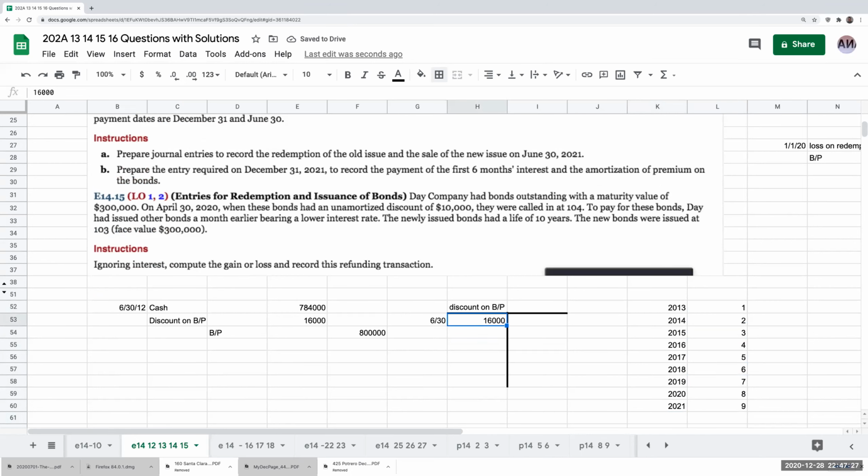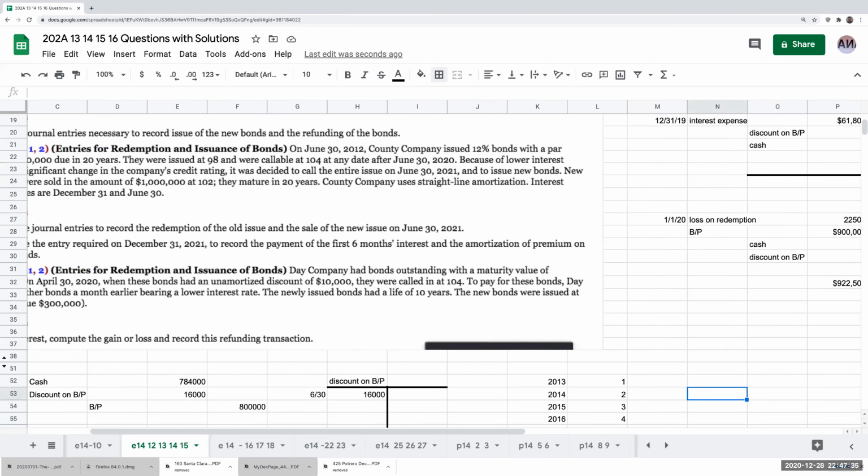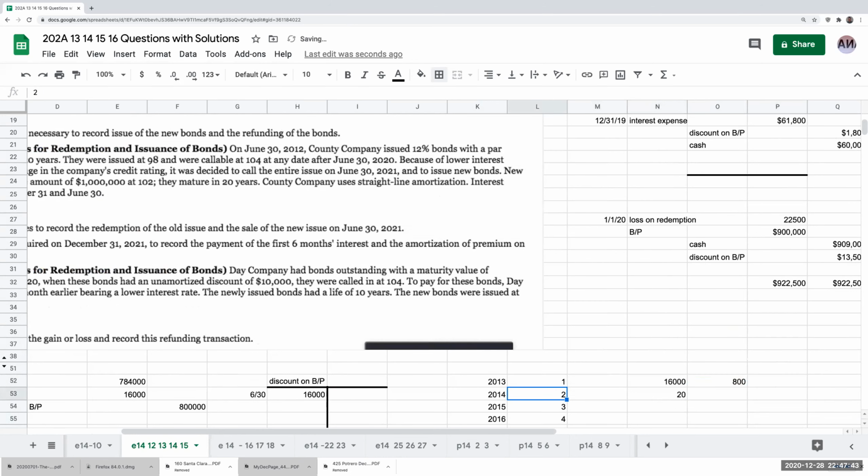Here, the bond is a 20-year bond, and it's being amortized straight line. So the amount of the amortization is going to be $16,000 divided by 20 years, or $800 per year.